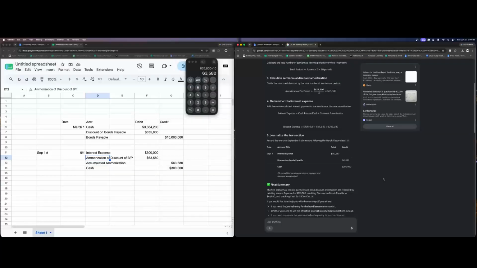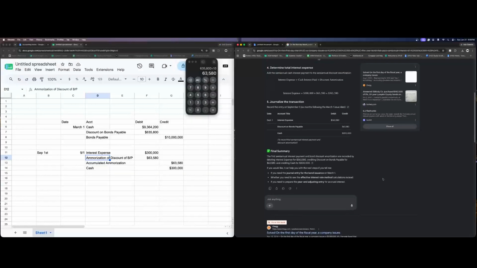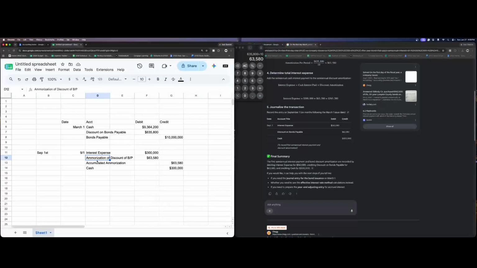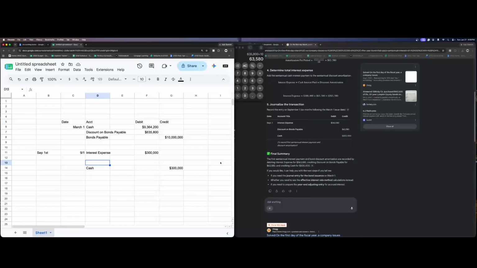Calculate amortization. Well, I guess it's not called amortization now. I was thinking it was similar to depreciation. And it looks like the discount on the bonds, okay, now I see. It gets included with the interest expense. So see, discount on bonds payable.